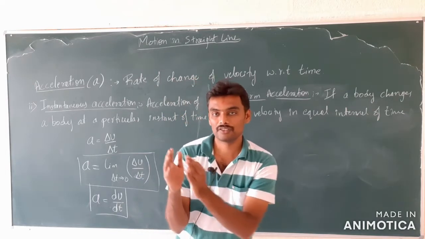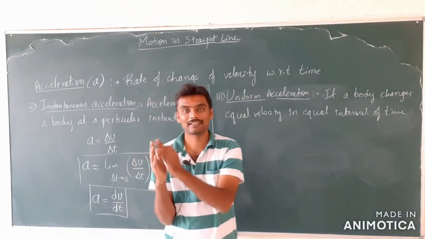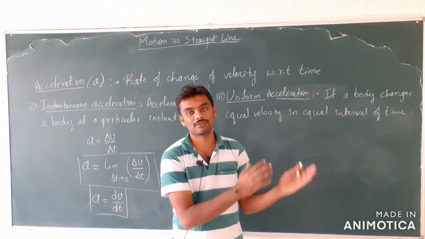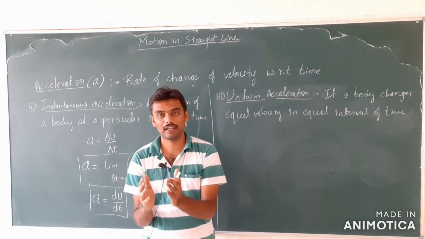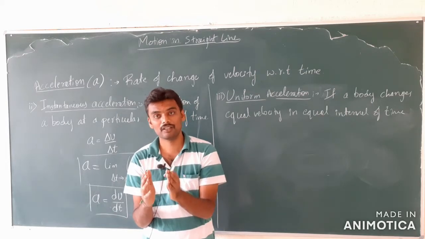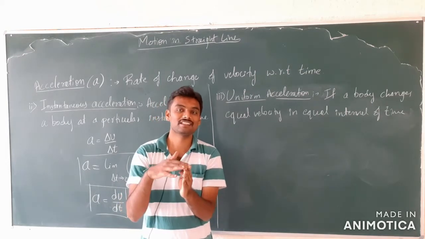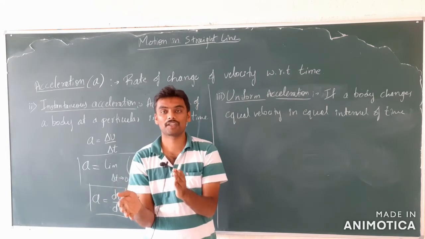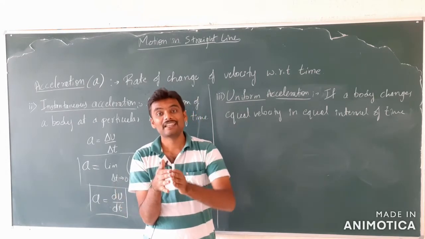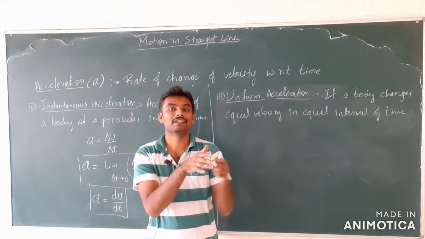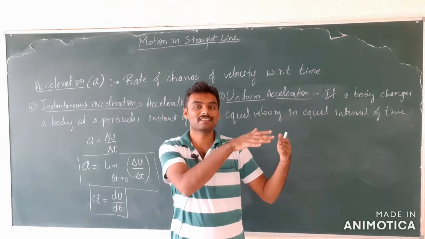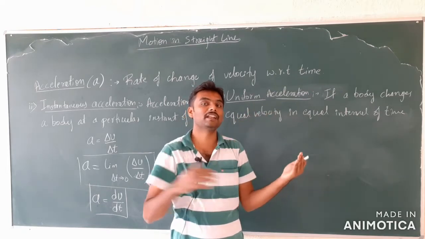If I take the entire motion and divide it into several intervals, then in the first interval, if the velocity is changing from say 10 meter per second to 12 meter per second, even in the next interval it should change from 12 to 14, next 14 to 16, next 16 to 18, like that.